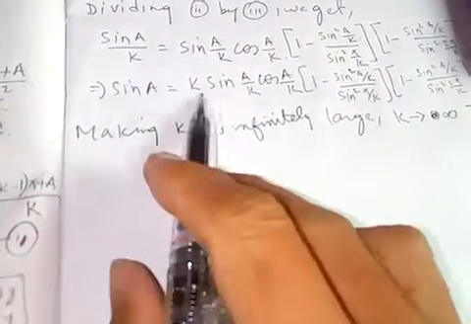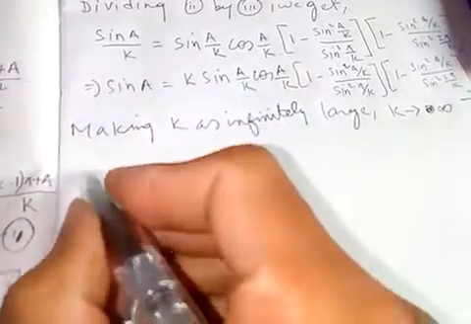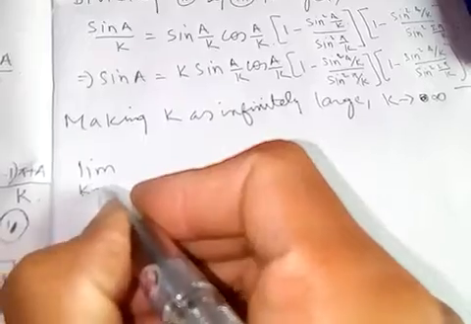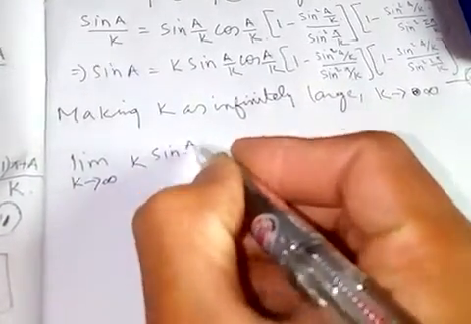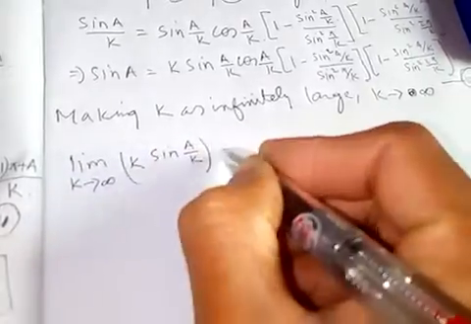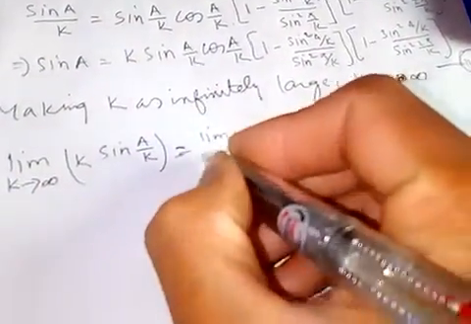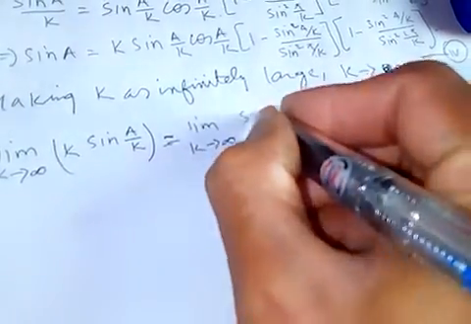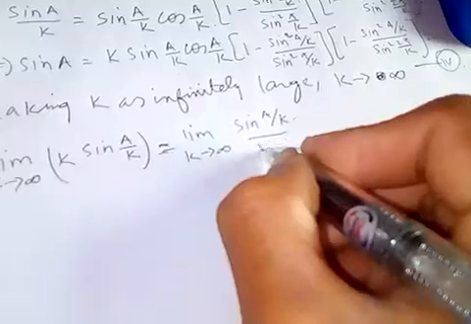When k tends to infinity, let's simplify here. Limit k tends to infinity of k sine of a over k. This one I will simplify as limit k tends to infinity of sine a over k divided by 1 over k.